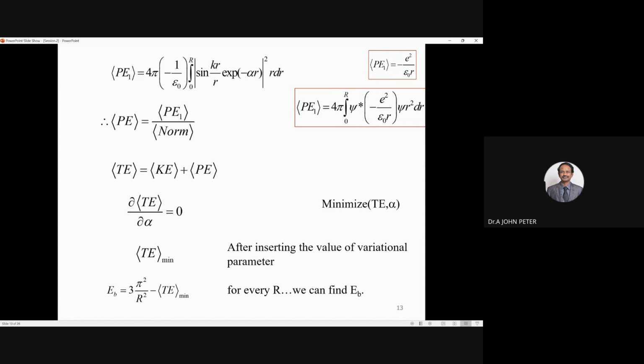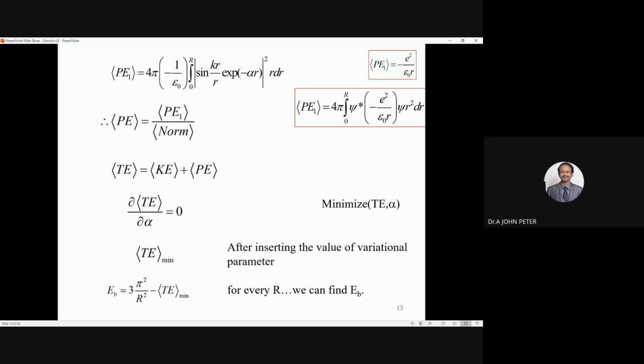So the total energy, kinetic energy plus potential energy, you are going to minimize with respect to alpha. The computer will do it. That is the command: minimize the total energy with respect to alpha. The computer will get the answer for the total energy, and you insert it in the next expression.